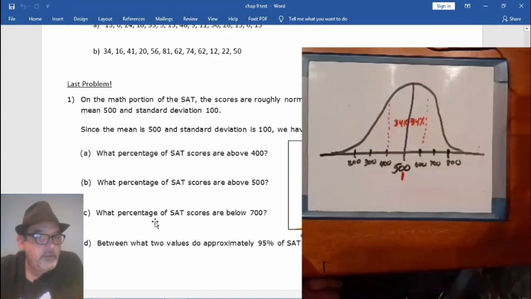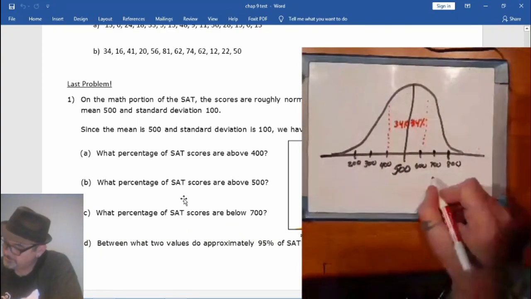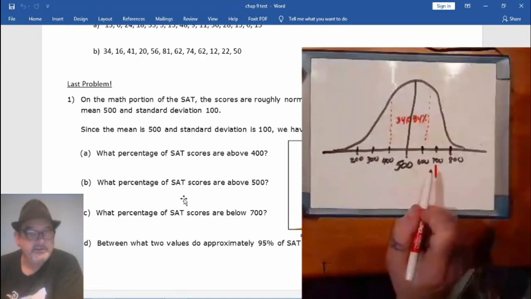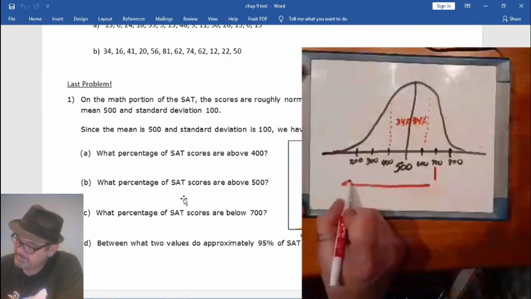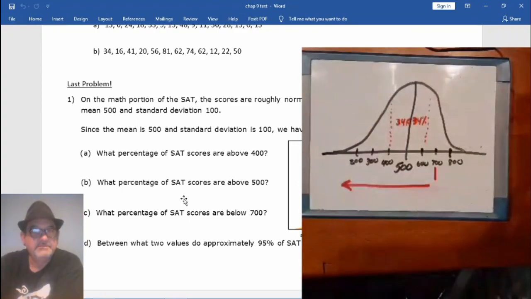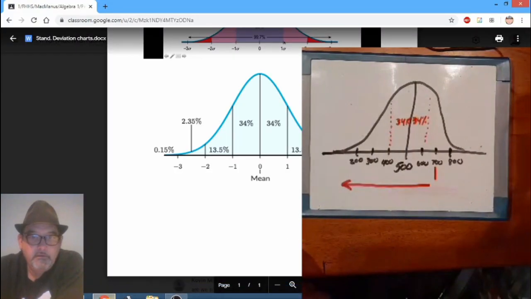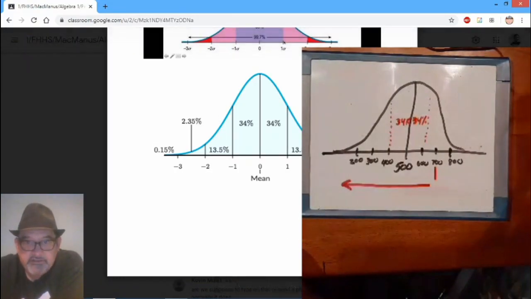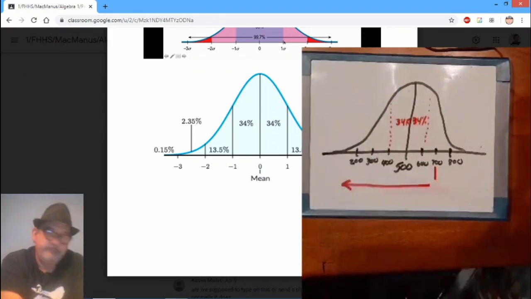Easy enough. Letter C, what percentage of SAT scores are below 700? Well, here's 700. 2 standard deviations to the right. What percent are below that? We can refer to our cheat sheet if you want to. So 2 standard deviations is here, and we want to know everything below it.